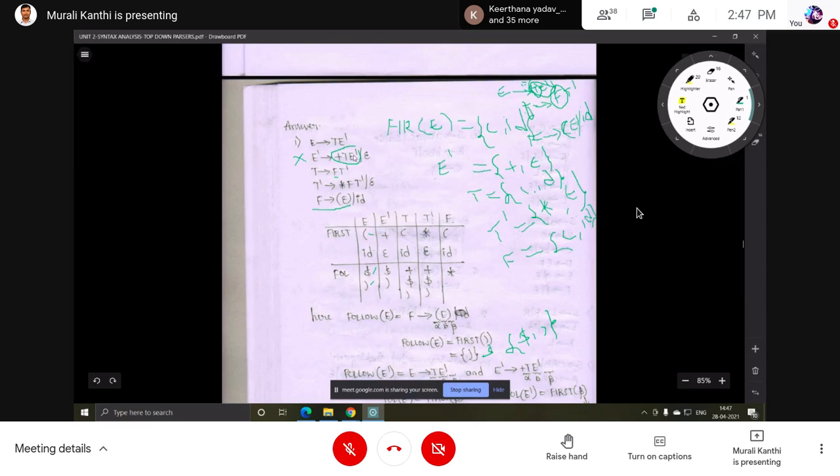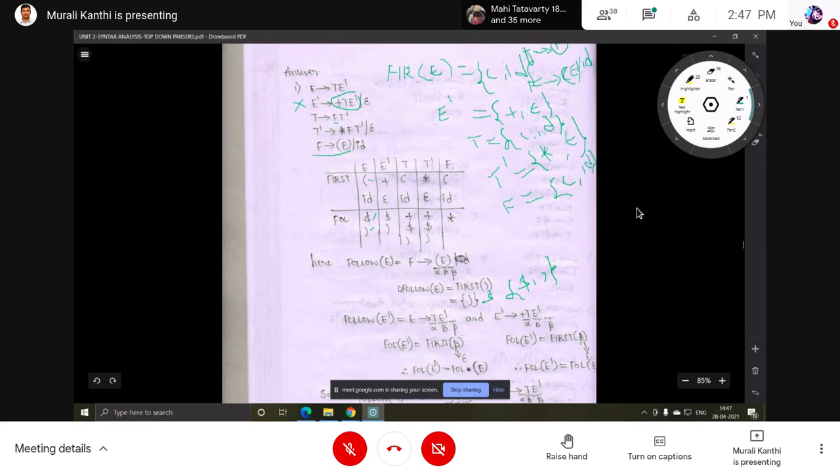Here E dash is in two productions: E implies T E dash and E dash implies plus T E dash. Compare with the general rule A implies alpha B beta. A is E, alpha is T, B is E dash, and beta is epsilon.